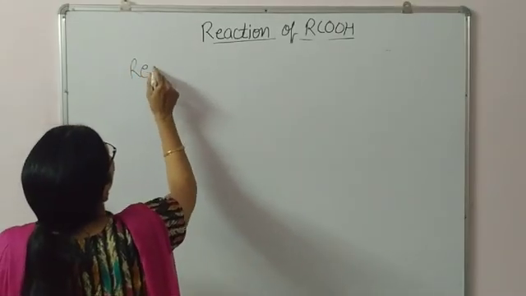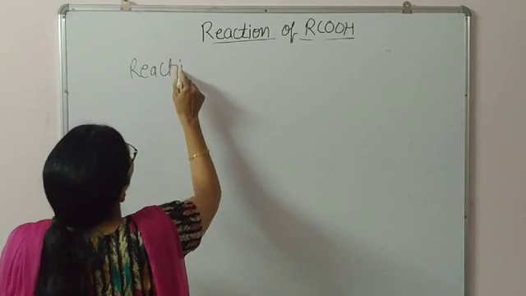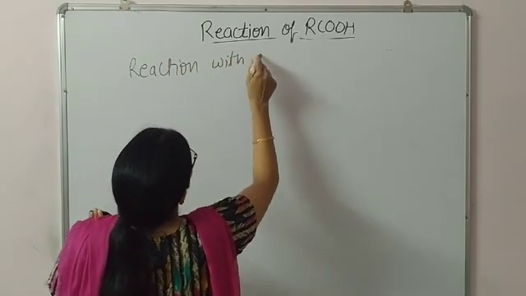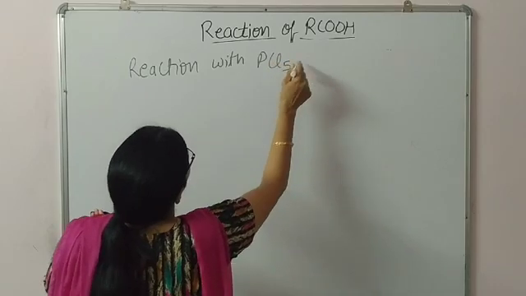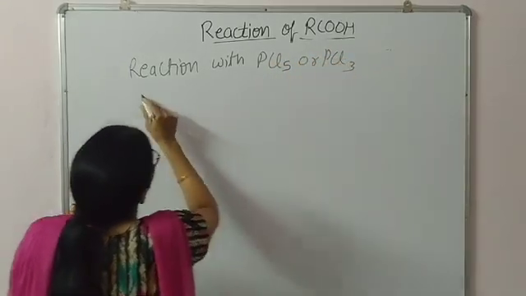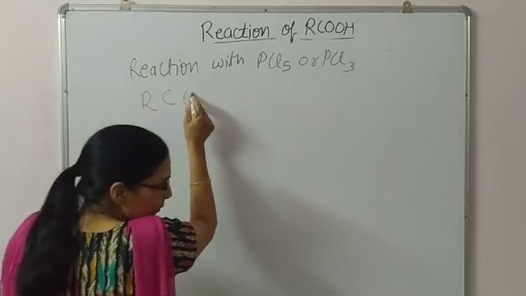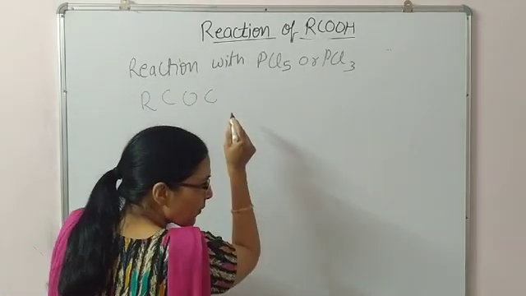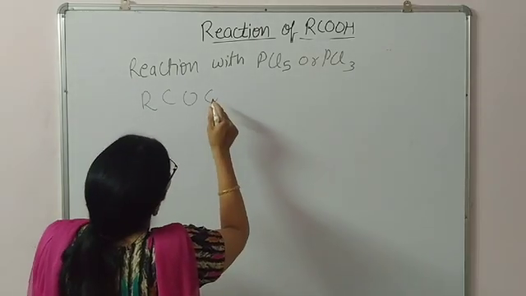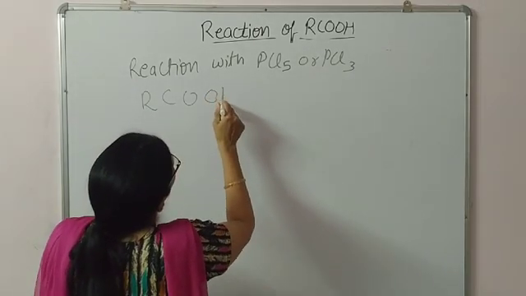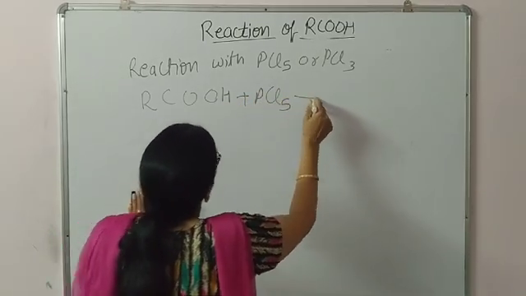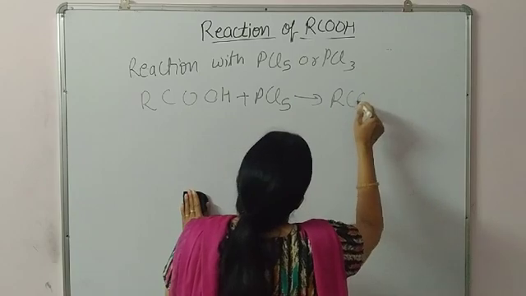Reaction with PCl5 or PCl3. I am repeating again: RCOOH plus PCl5, there will be formation of RCOCl.